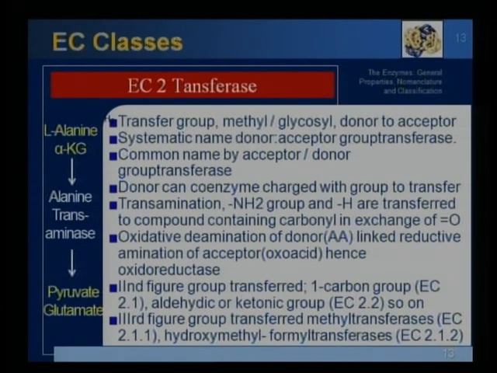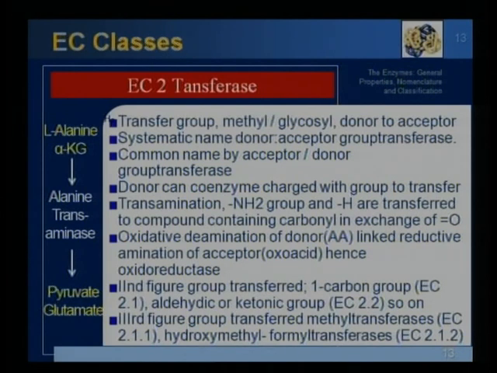Now, in case of transferases, the donor can be a coenzyme also, which is responsible for carrying out the transfer of the group. And you know, all kinds of transamination reactions, wherein the amino group and hydrogen are transferred from one compound to another one, are in fact catalyzed by enzymes called transferases, which are commonly known as aminotransferases.